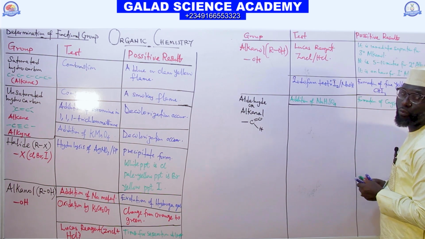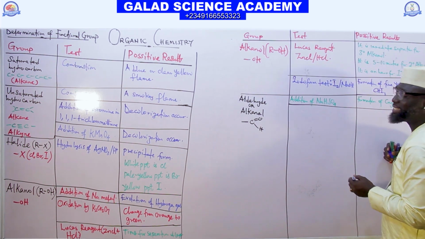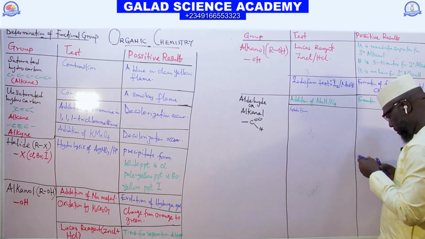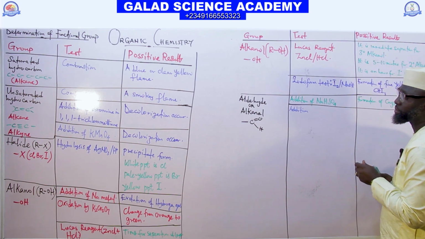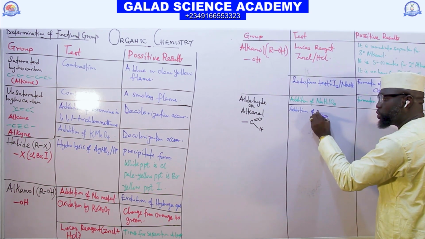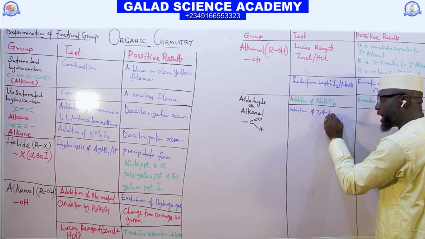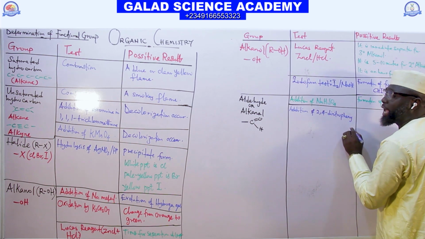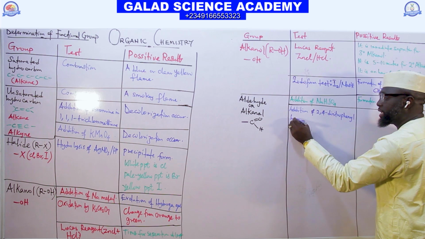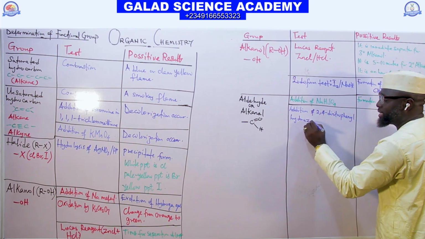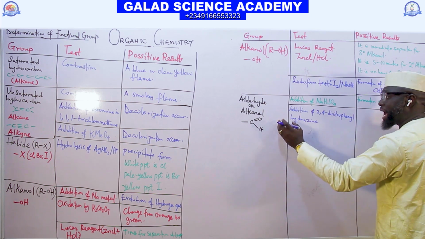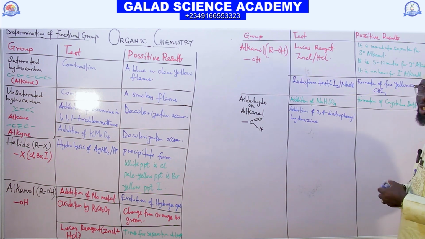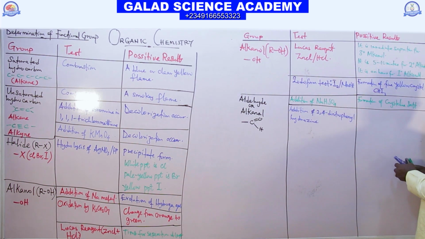The next reagent that we can also use here is the addition of 2,4-dinitrophenylhydrazine. If this reacts with alkanal or aldehyde, we have a formation of yellow-orange precipitate.